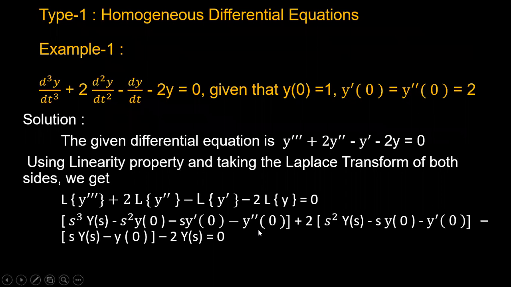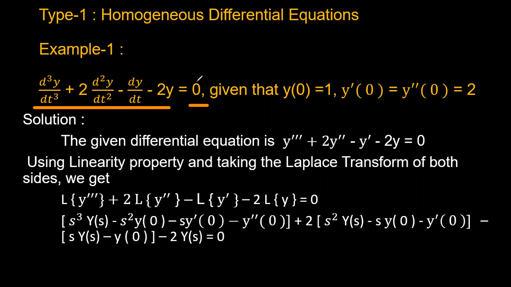Now we will see a first homogeneous differential equation. How are you going to identify whether it is homogeneous or non-homogeneous? A homogeneous differential equation is of the type where on the LHS you have the differential equation form equal to 0.